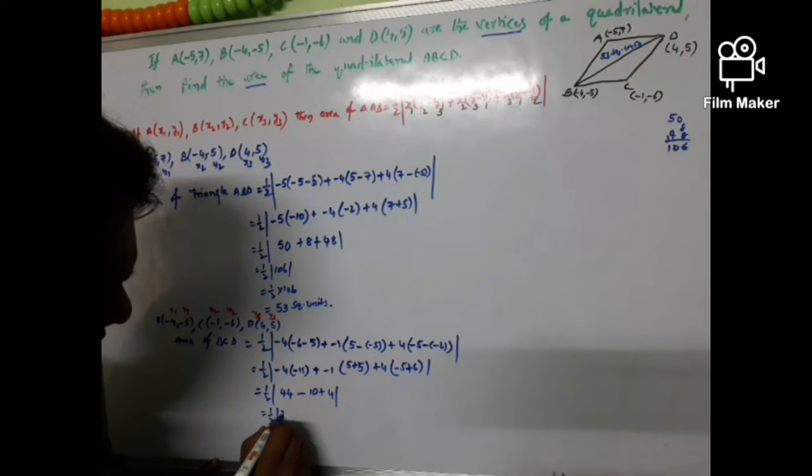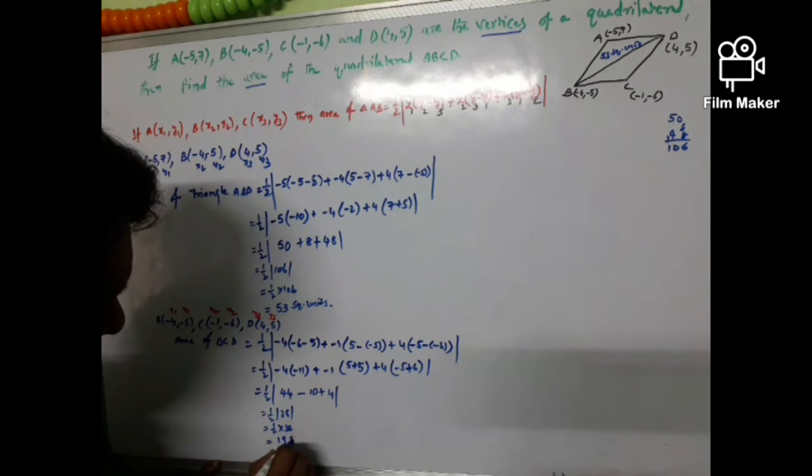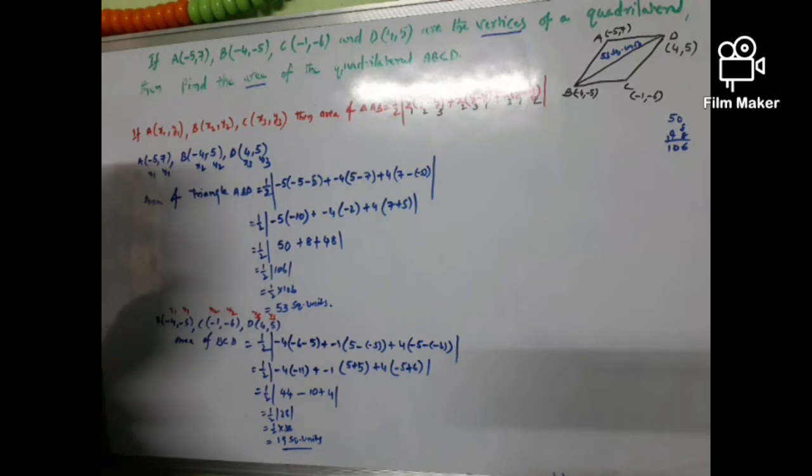Half mod 38, so half into 38 gives 19 square units.